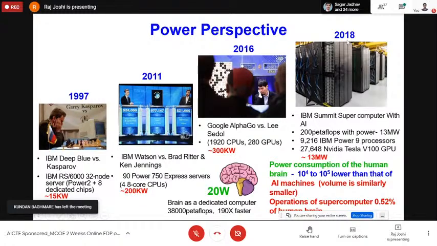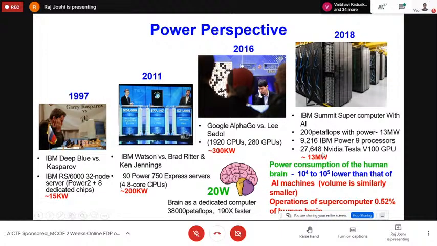And recently, in 2018, the IBM Summit computer for AI, which has 200 petaflops and fantastic supercomputation power, consumes 13 megawatts.